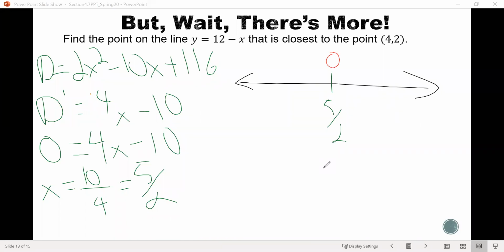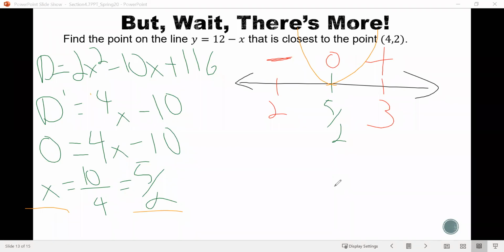Plug in a point on each side to the derivative, so I could plug in, say, 2 and 3. And when I do that, it looks like the value of the derivative is negative over here and positive over here. So what we see is that we do, in fact, have a local minimum there. So we know this value of x does give us that minimum distance.